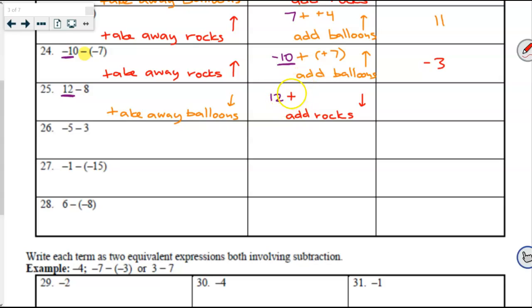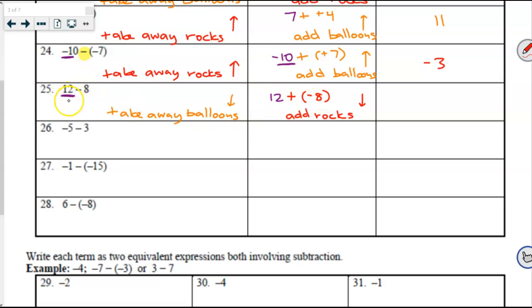But I can't just change subtraction to addition, can I? I have to change it to an add rocks. So while I'm changing that subtraction sign to an addition sign, I'm also changing the positive 8 to a -8. Yeah, good. So 12 balloons, add 8 rocks.